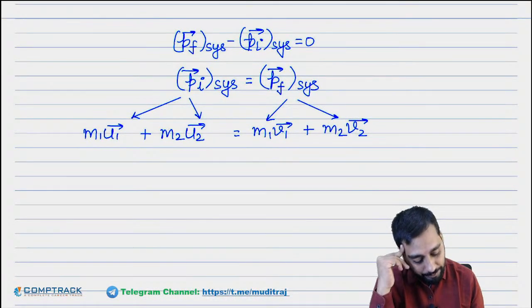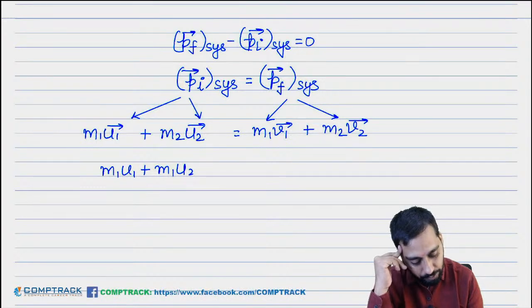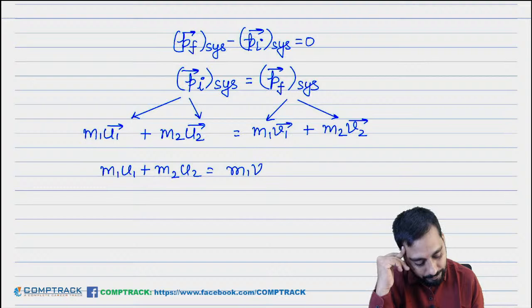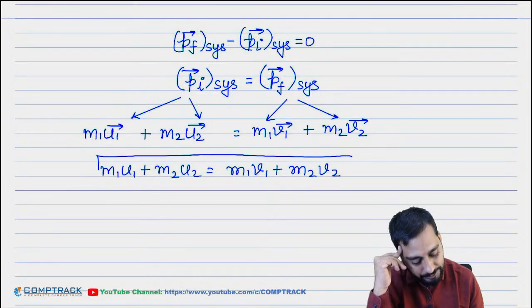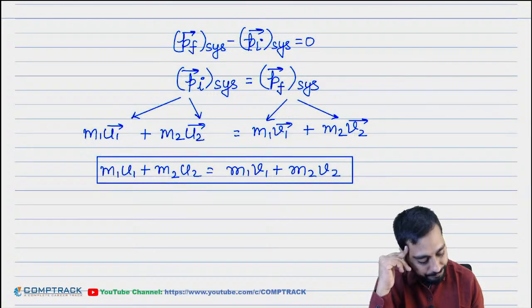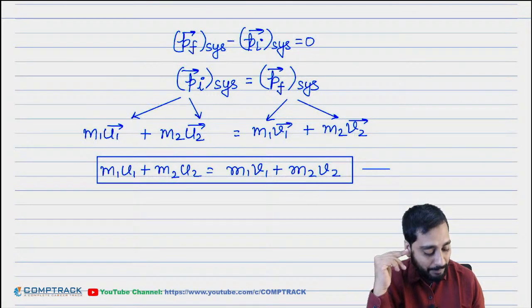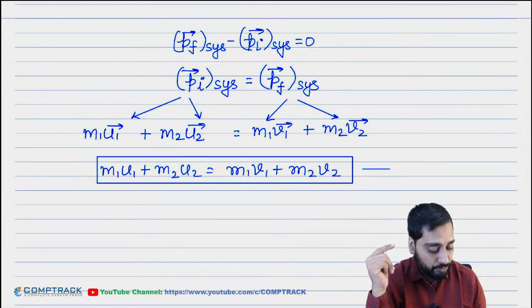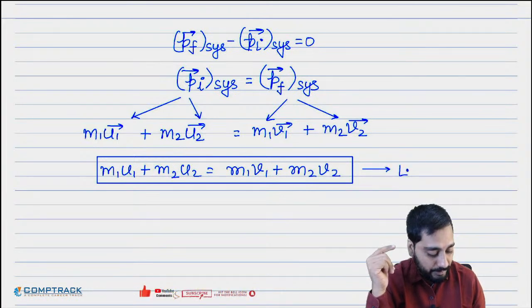So this will be our total equation. So if we write in general terms, m1 u1 plus m2 u2 will be equal to m1 v1 plus m2 v2. Here velocities must be taken with sign. So this is the equation of what? Linear momentum conservation equation for the system.